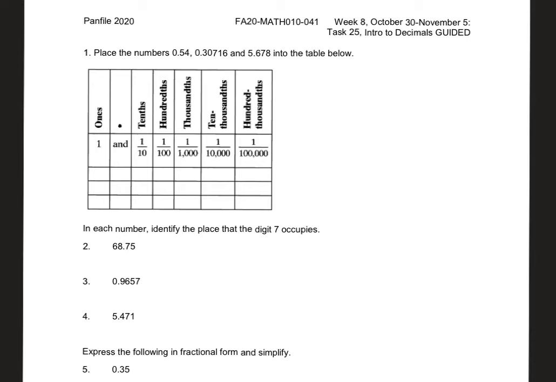So if you look, when we did the place value chart for whole numbers, it was ones, tens, hundreds, thousands, 10,000s, 100,000s, and then millions.